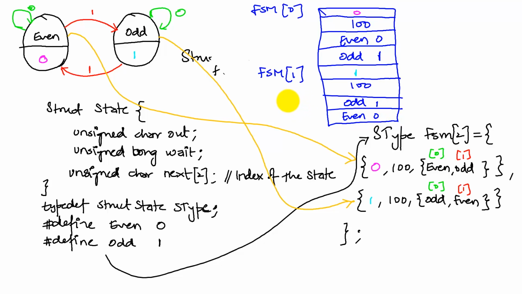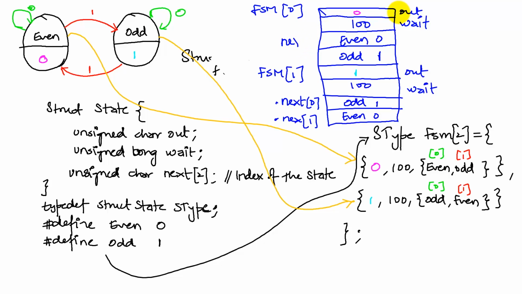And this is my next state array of 0. This is next of 1 as a field within FSM1, and this is my out, this is my wait. Similarly, this is my out, wait, and this is my next.